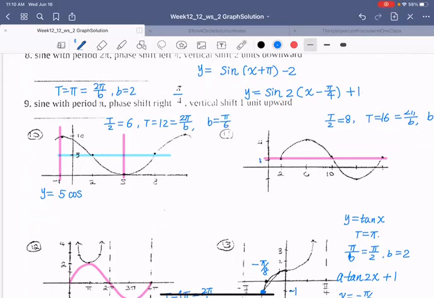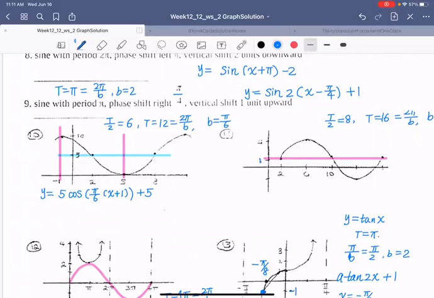That's right. And then x plus 1, and then plus 5. That's right. Very good, this is very nice.